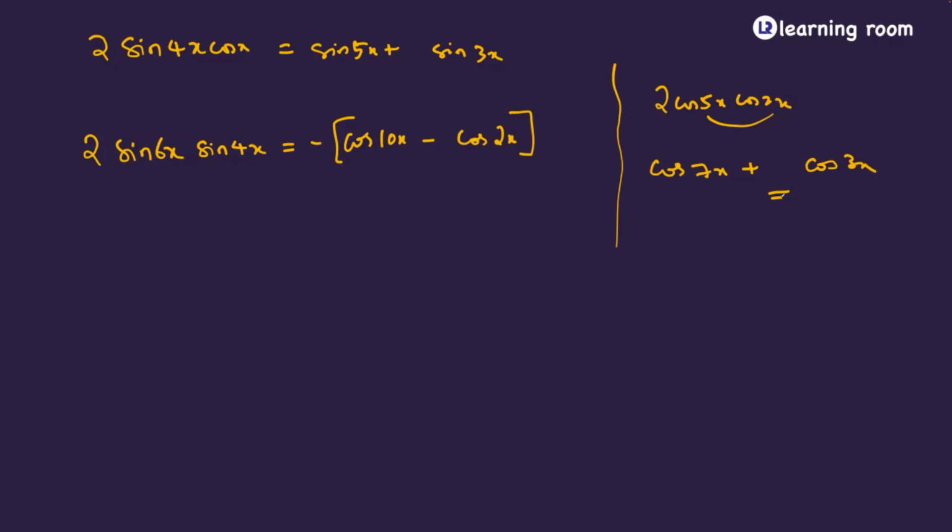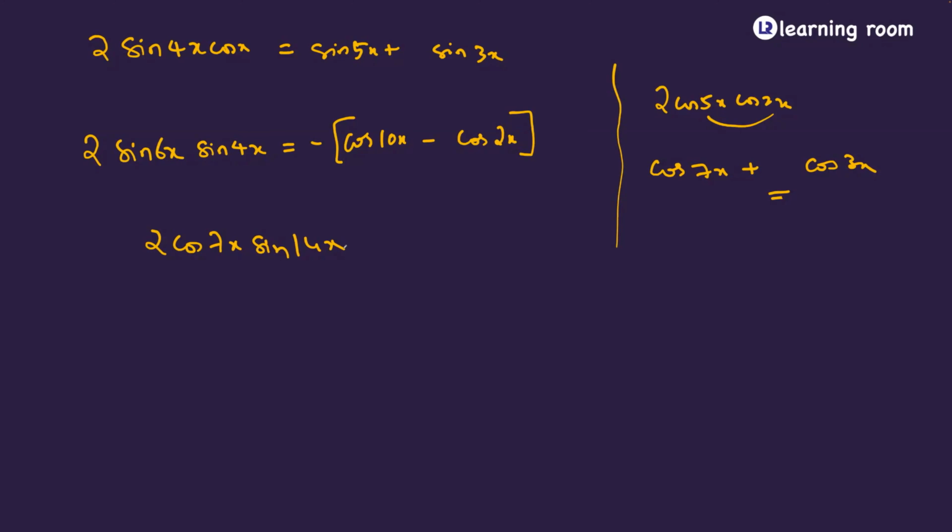Now, can you create a question yourself? Tell me some random thing. So 2 cos of, tell me some number. Sin 14x, cos of a smaller angle. Don't always look at the order. Cos into sin: which has the bigger angle? In this case, sine has the bigger angle and cos has the smaller angle.